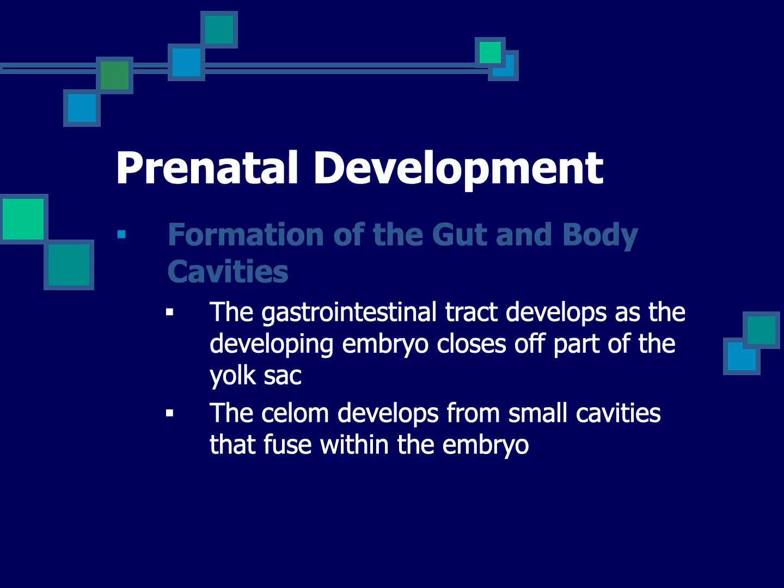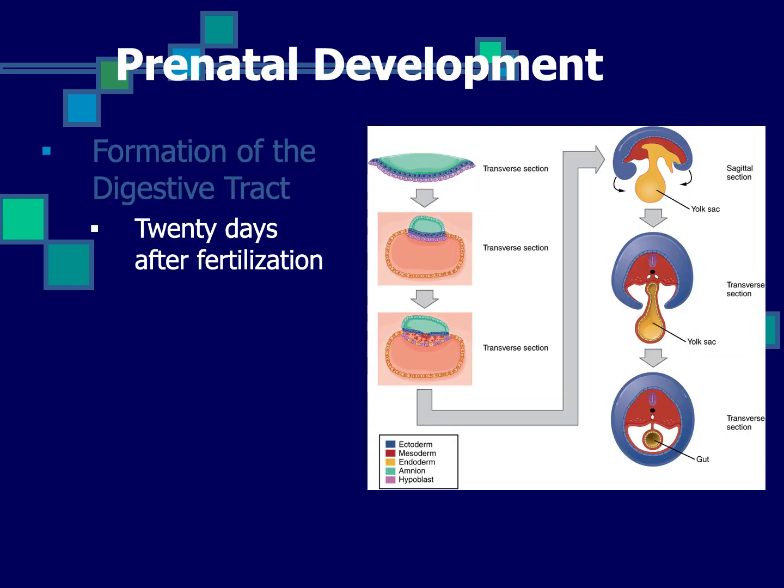Then below this, you'll get the formation of the gut and body cavities. And so as this is going on in the dorsal part of the embryo, at the ventral part, you'll get the formation of the digestive tract.